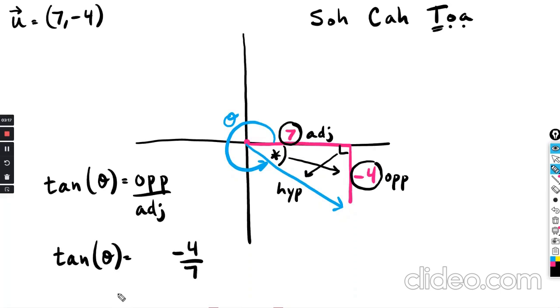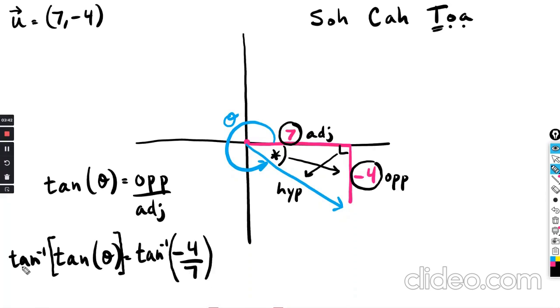We're solving for theta, so in order to get rid of the tan, we take the inverse tan of both sides: inverse tan of -4/7.